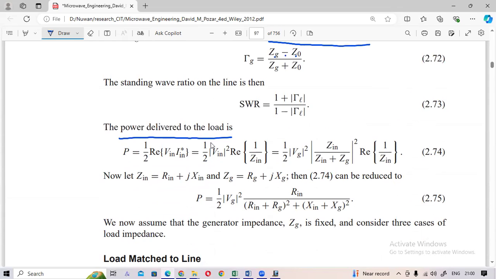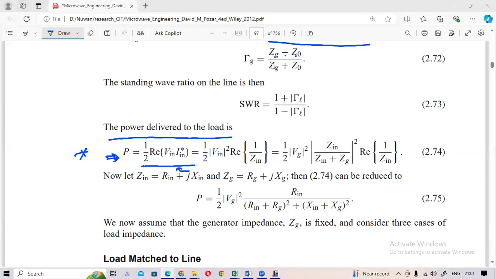You need to remember these things, but you only have to get the idea. This equation is not that important, so you need not consider it very much. Here the half is because you are considering the average power.